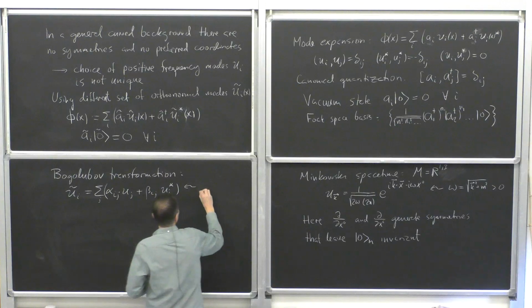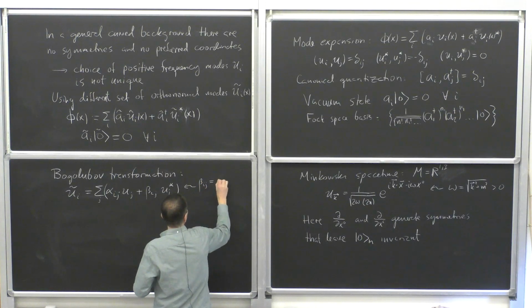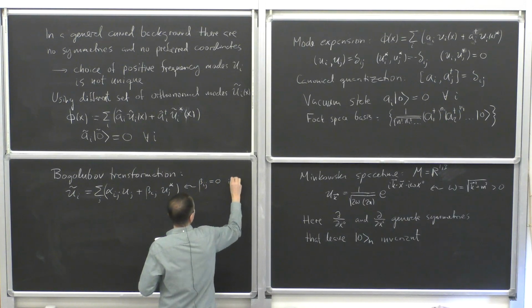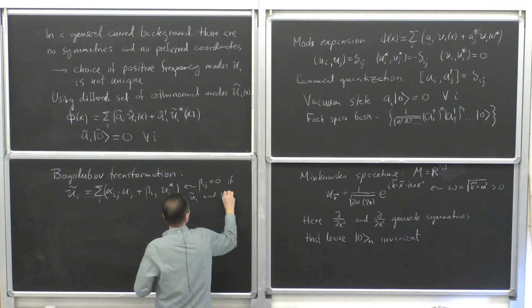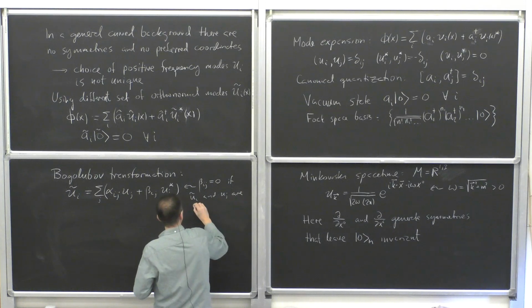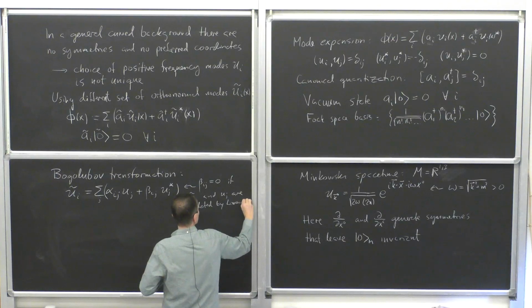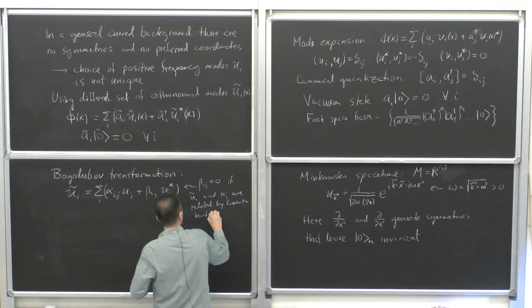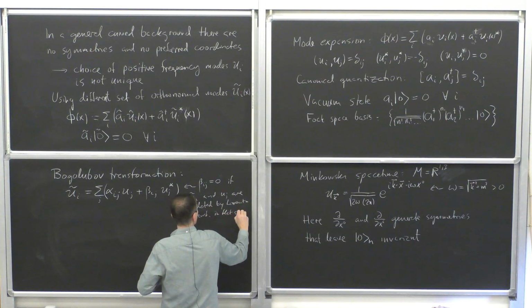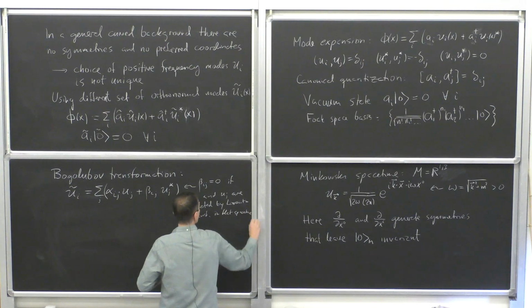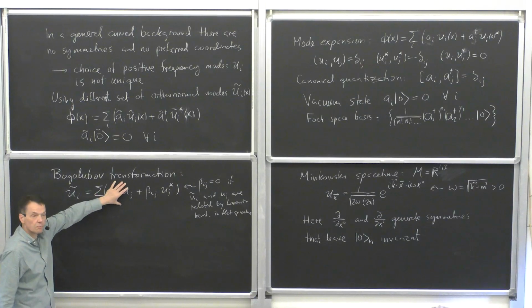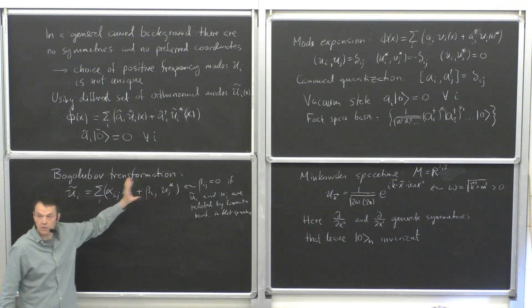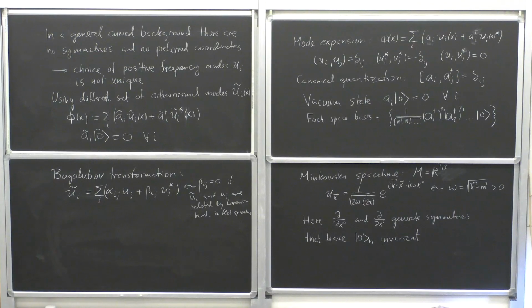And what I'm saying here is that beta_ij is equal to 0 if u_i and u_j are related by a Lorentz transformation in flat spacetime. Then positive frequency modes can be linear combinations of other positive frequency modes, but the negative frequency modes don't come into it there.